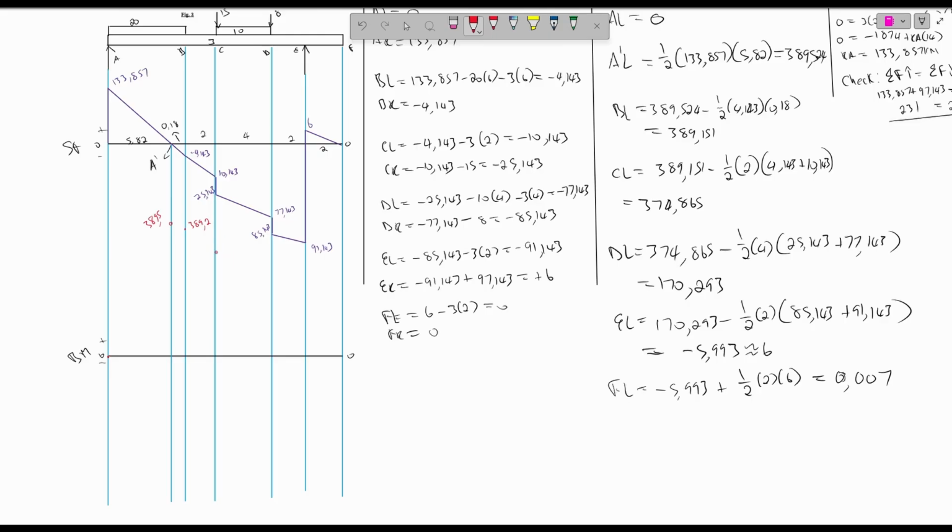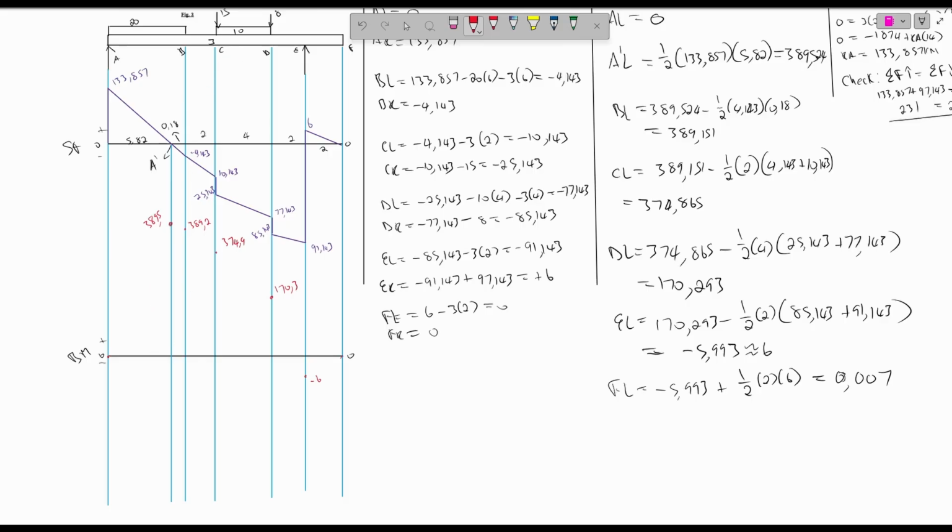And then C we have 374.9. Then D we have 170.3. Then for E we have -6. And back to 0. So here we only have UDLs.